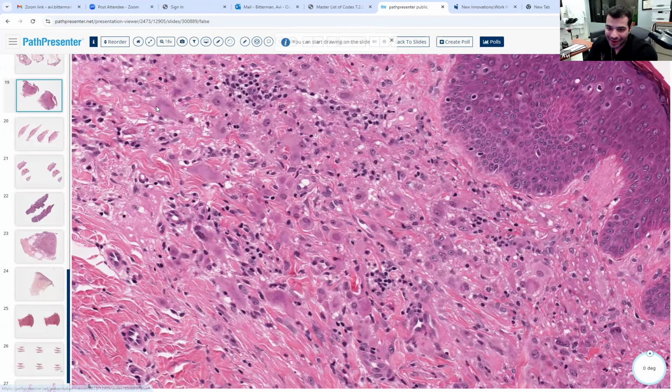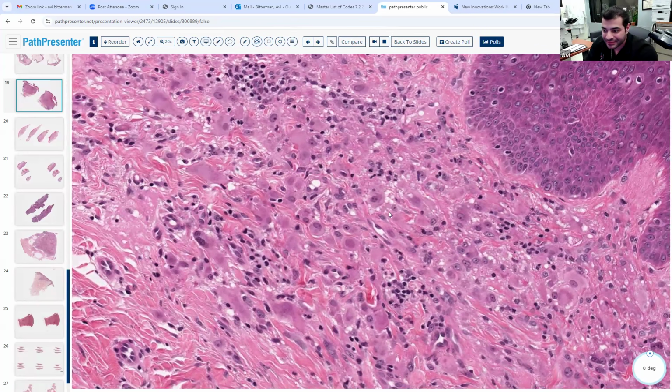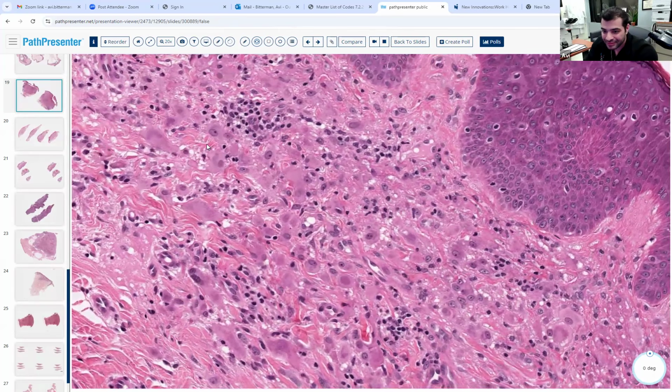Here they're more purple, here they're more pink, sometimes a combination, pink and blue. That's what two-tone looks like. Amphiphilic.